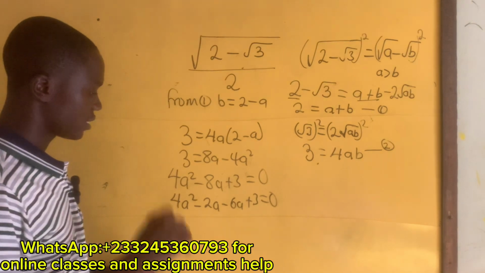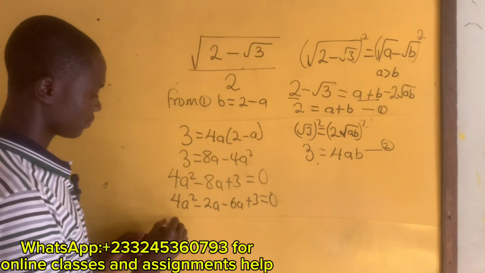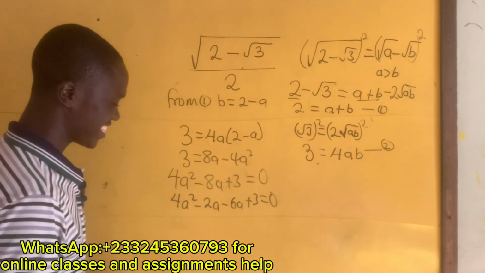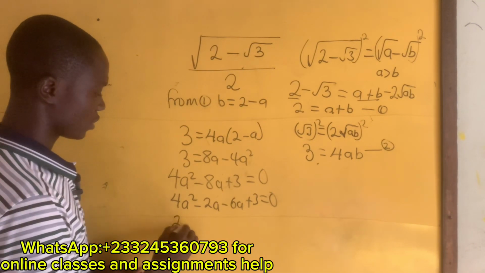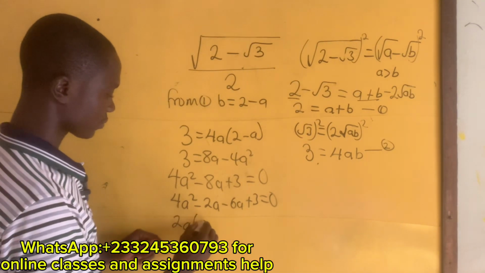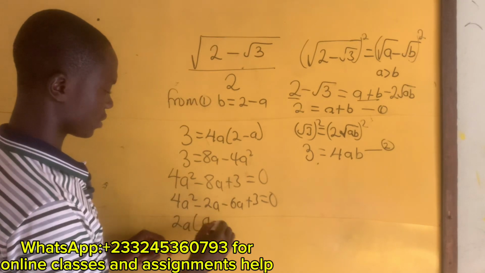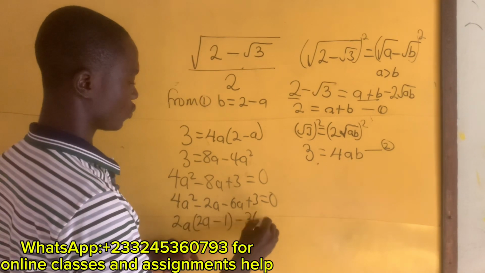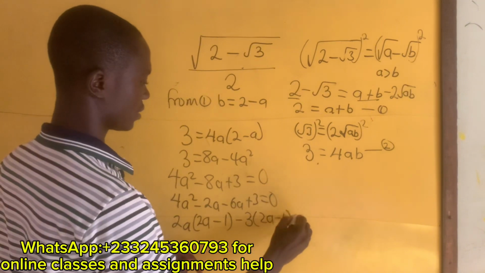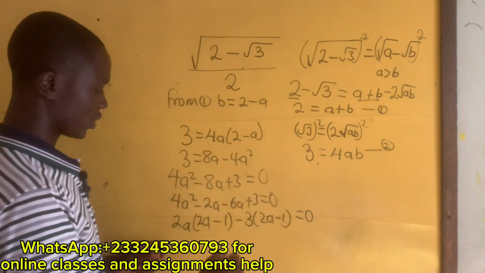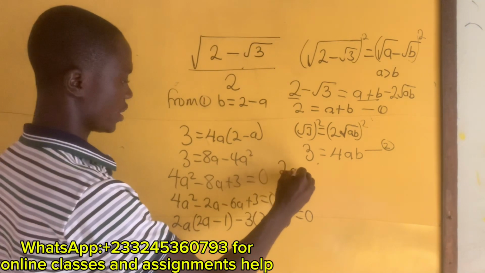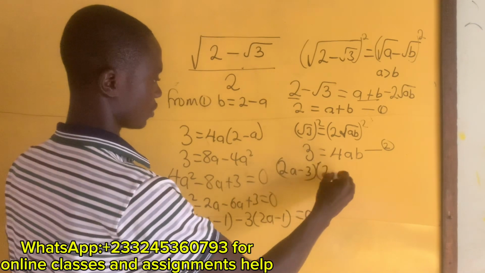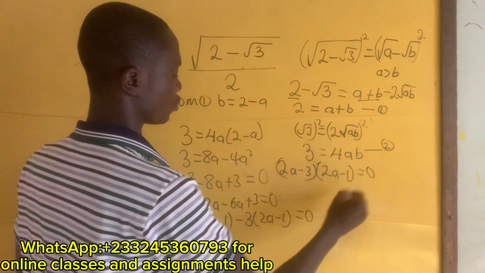Wow, that's good. Which will give us 2a times 2a minus 1, minus 3 times 2a minus 1 equals 0. So we are getting 2a minus 3 times 2a minus 1 equals 0.